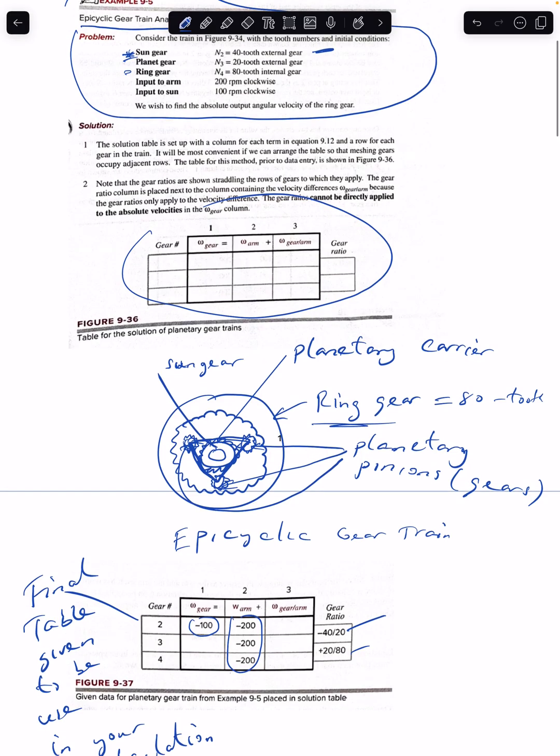So how did this table come to exist? It came to exist by using the ratio for the gear system.